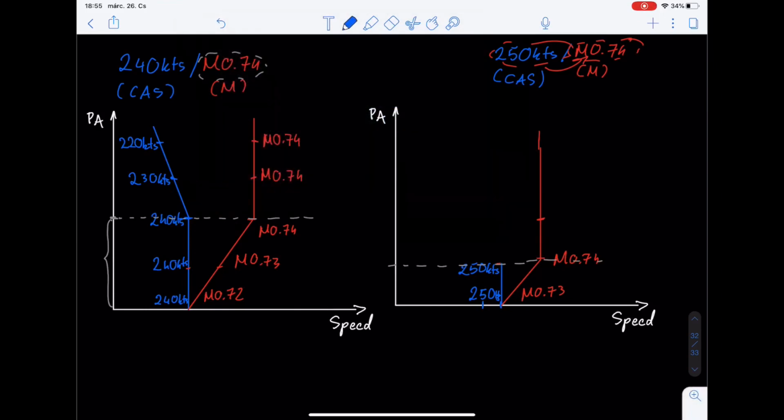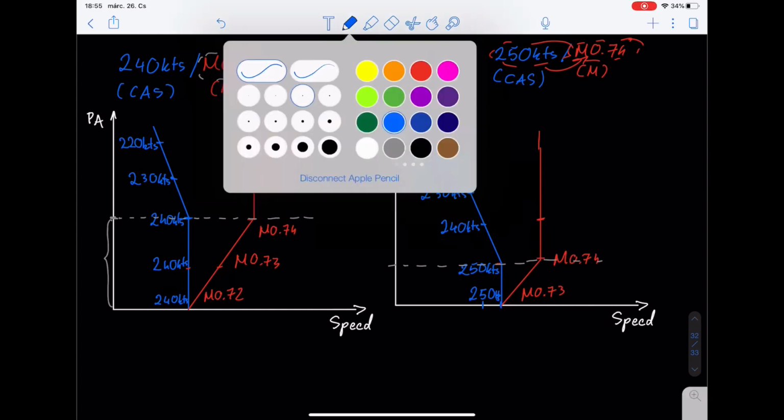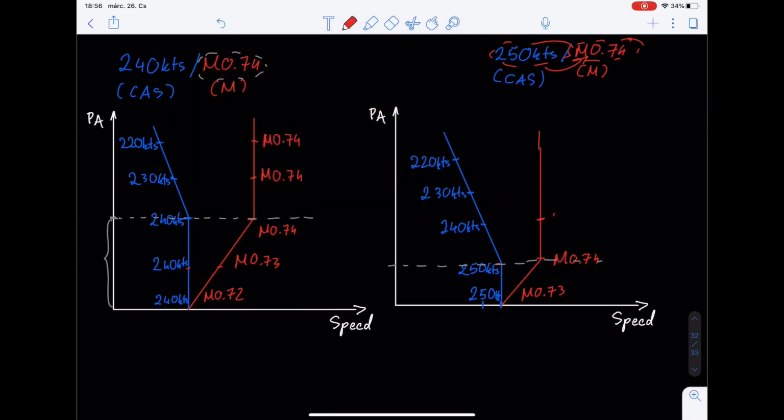So the calibrated speed is going to start to decrease, and it's going to go down to, for example, 230 and 220 knots, and here the Mach number is going to be 0.74, 0.74 all the way.